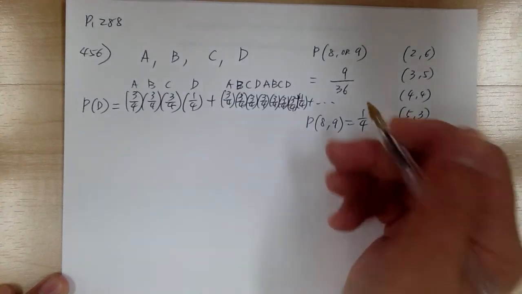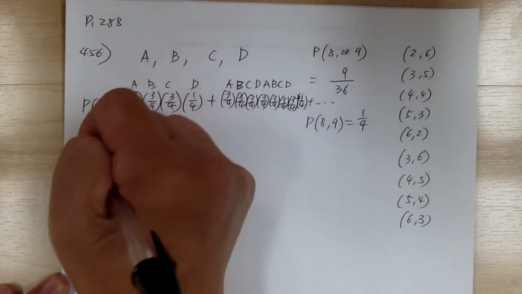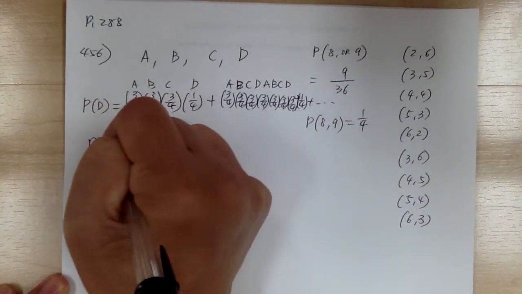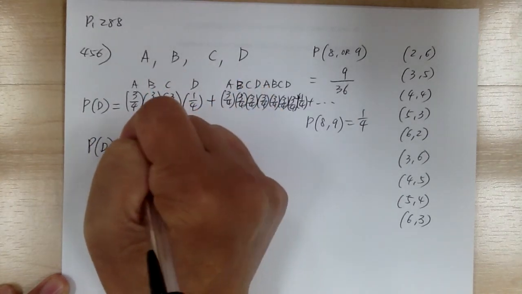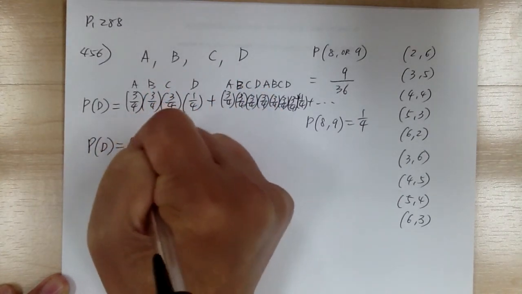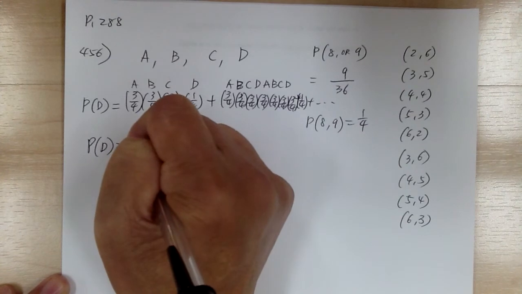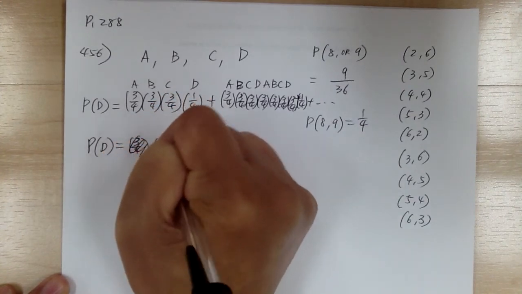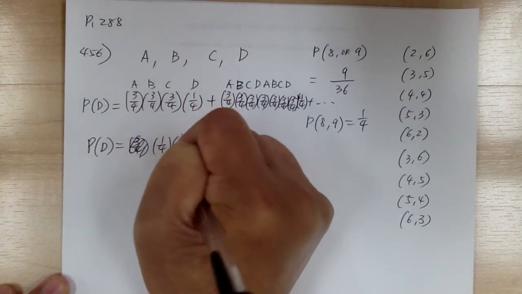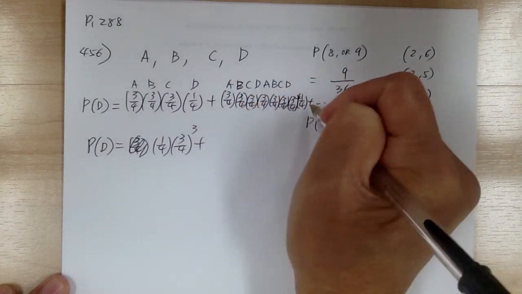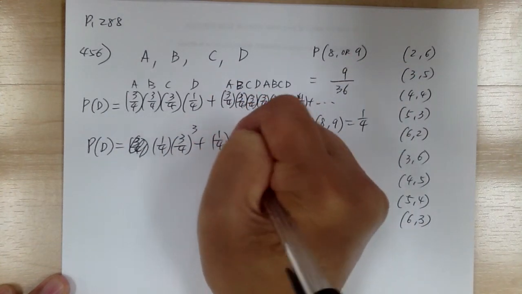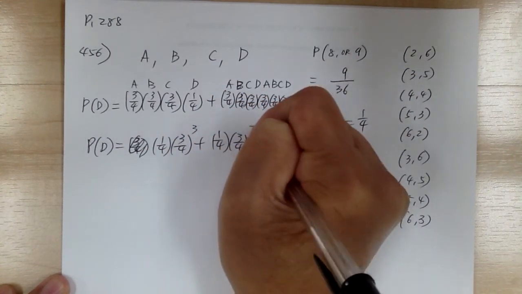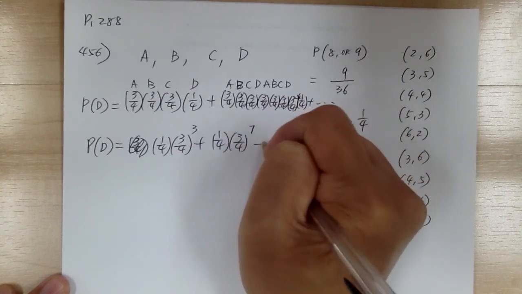So from this case, the probability of Doug walking the plank would be 1/4 times 3/4 to the 3 power, and this one would be 1/4 times 3/4 to the 7th power, plus dot dot dot.